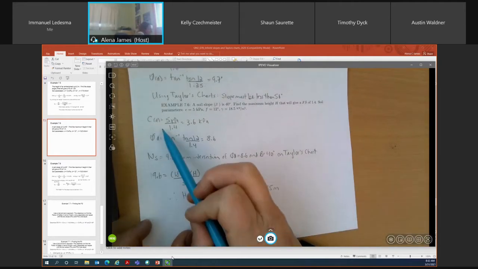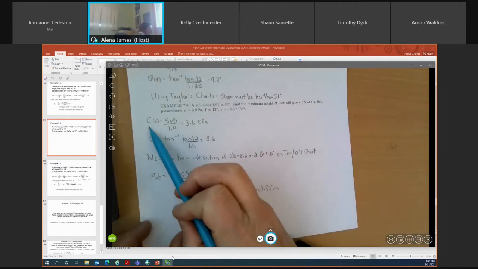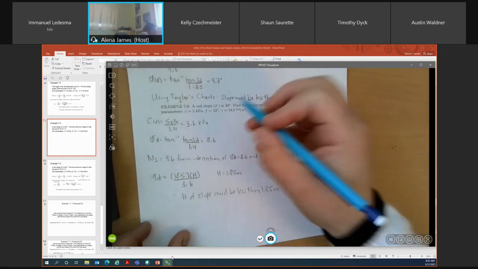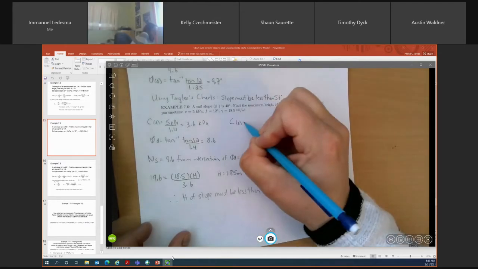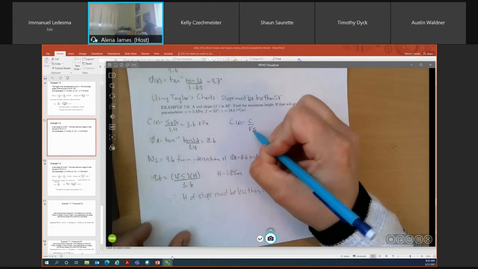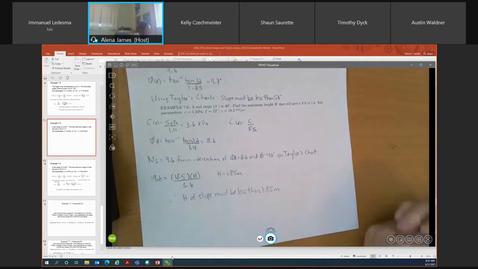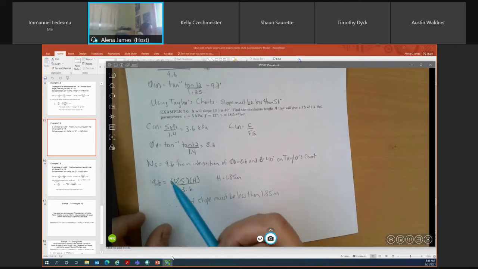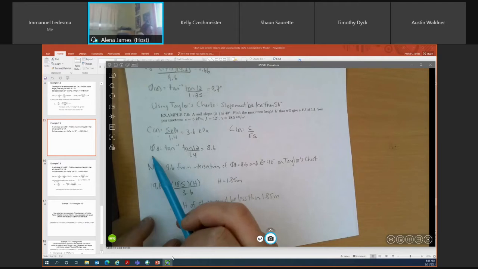With this example problem, we're going to start by calculating our CD value. We know CD is equal to C divided by factor of safety. So CD is equal to our cohesion value, which is 5 kPa, divided by our factor of safety of 1.4. So our CD value is 3.6 kPa. The next value that we need to calculate is our phi d value.